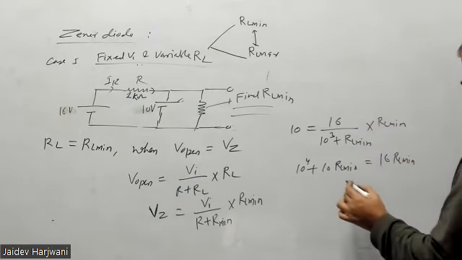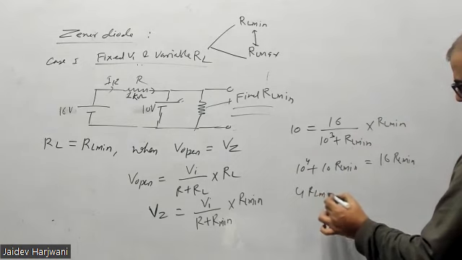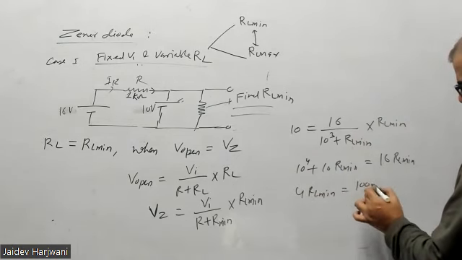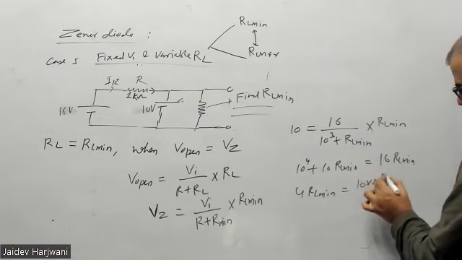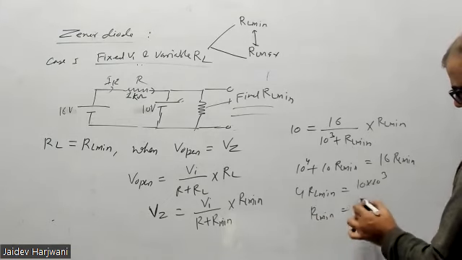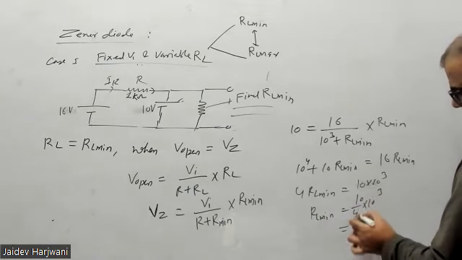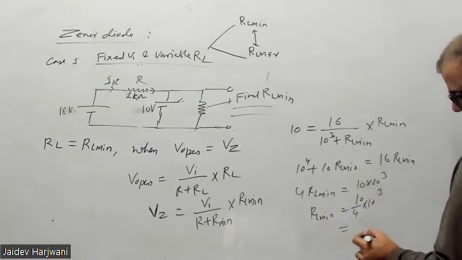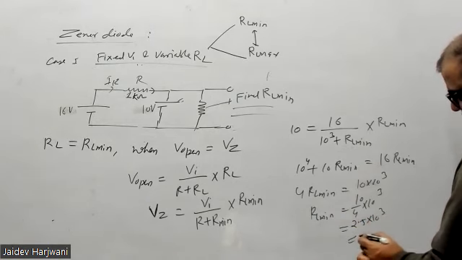This gives me 4 RL minimum equals 10,000, or 10 kilo ohm. So RL minimum will be 10 upon 4 into 10 raised to power 3, that is 2.5 kilo ohm.